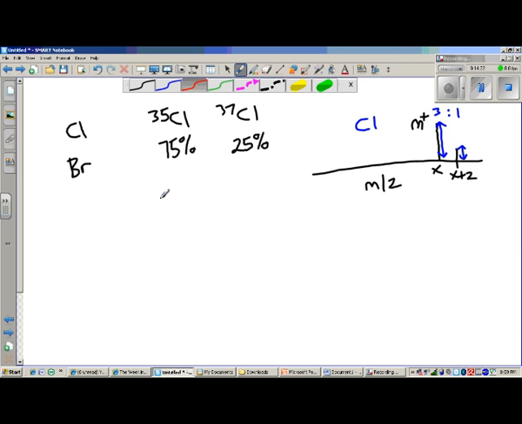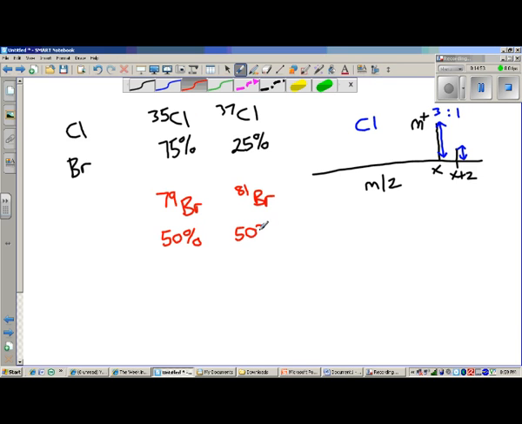Now bromine, on the other hand, has a similar situation. It also exists as two main isotopes, bromine 79 and bromine 81, but these two have an isotopic abundance of approximately 50-50.